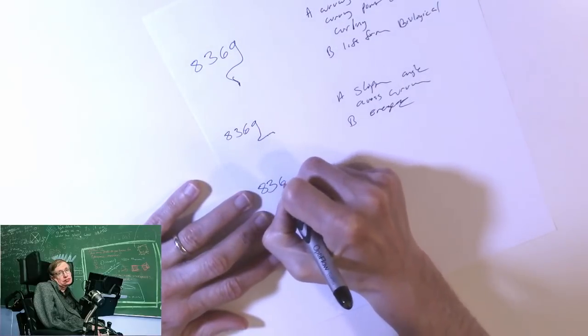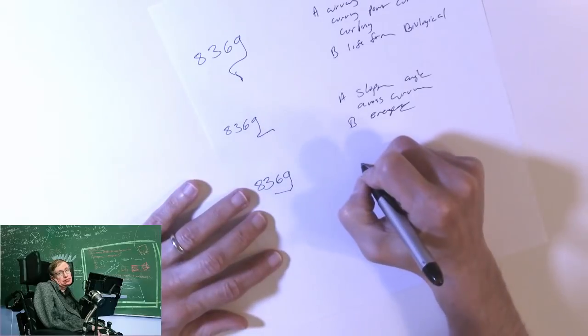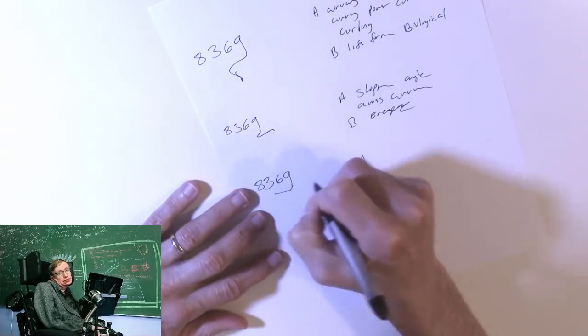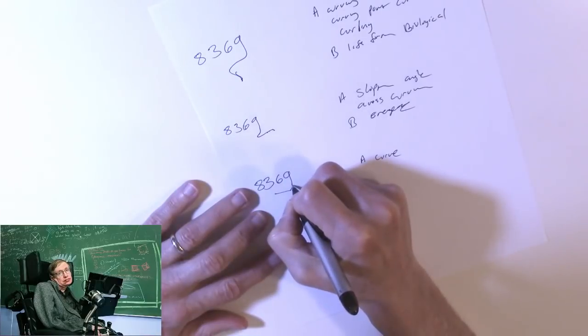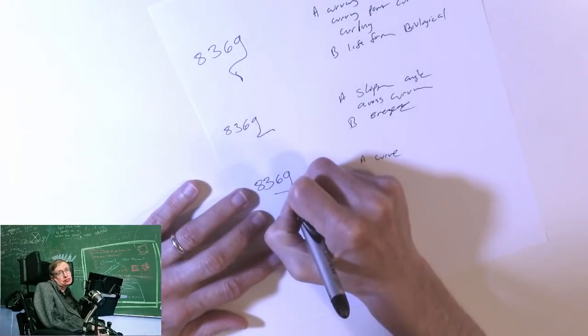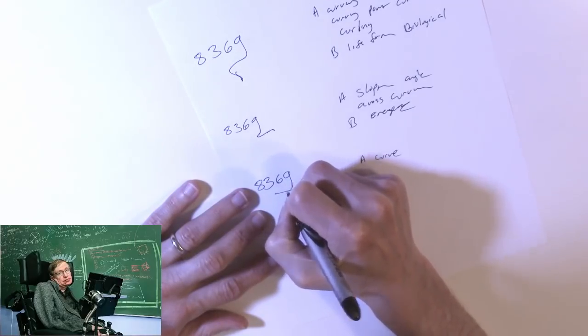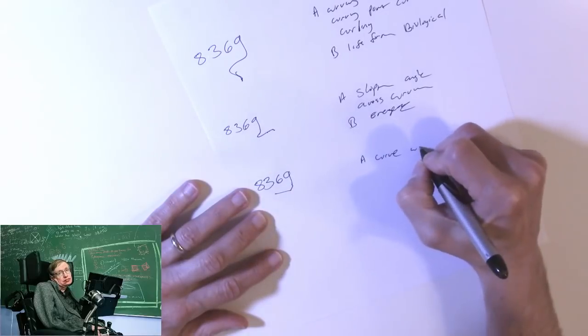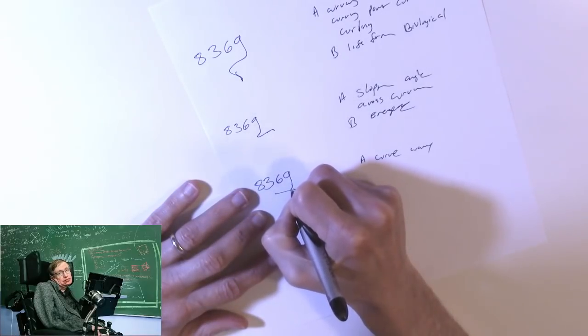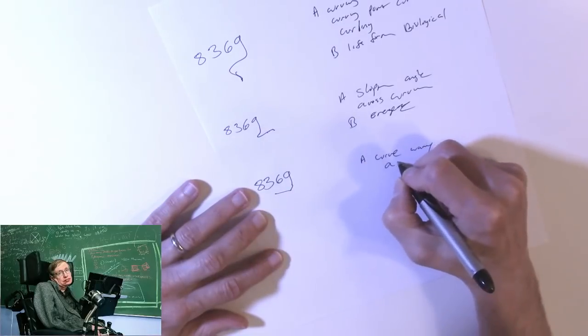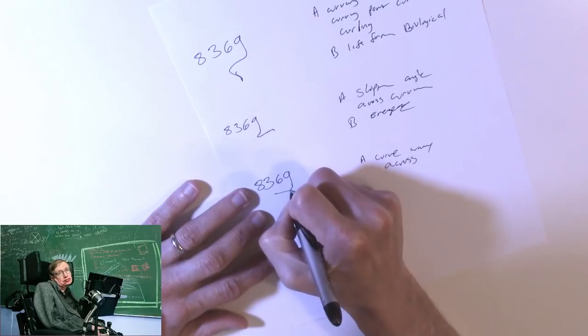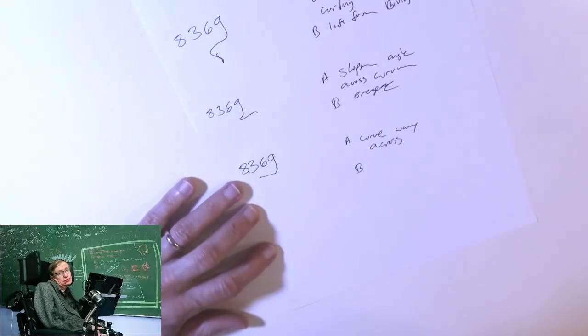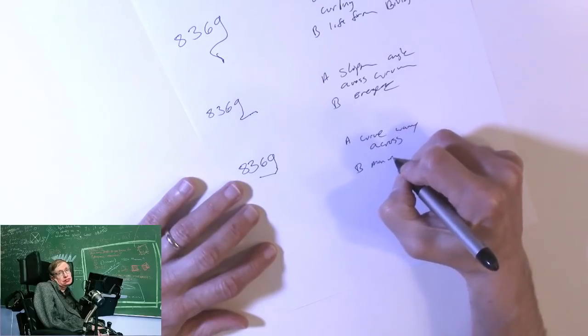Eight, 3, 6, 9. A. Curve. Wavy. Cross. B. Man-made.